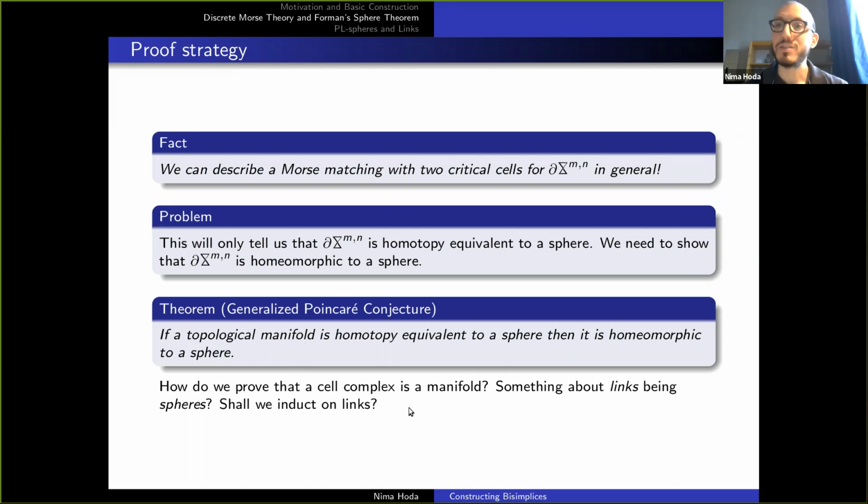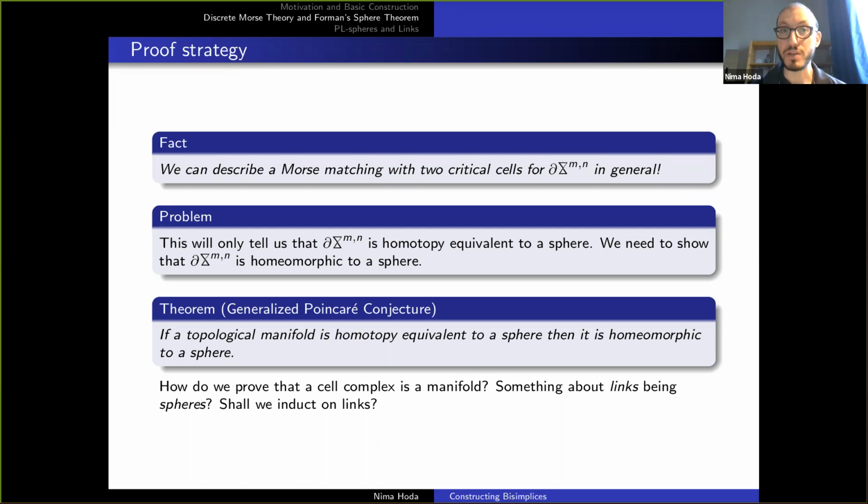But in order to do that, we need to start looking at the local topology, and we need to start talking about links, because that's how you study the local topology of cell complexes. It starts to give an idea of an inductive process, because we want to prove that our complex is a sphere. We can show that it's a homotopy sphere, but then we need to prove that the links are spheres.